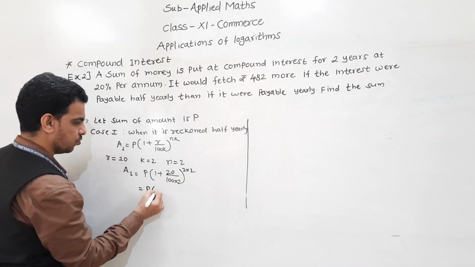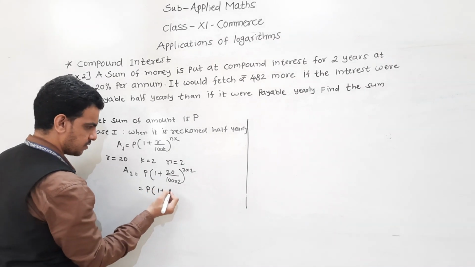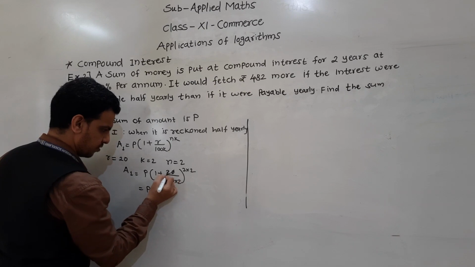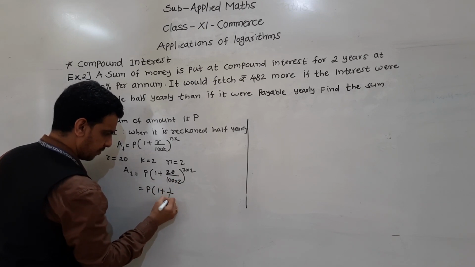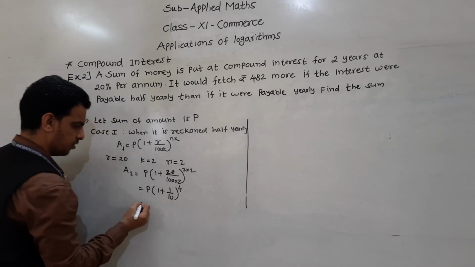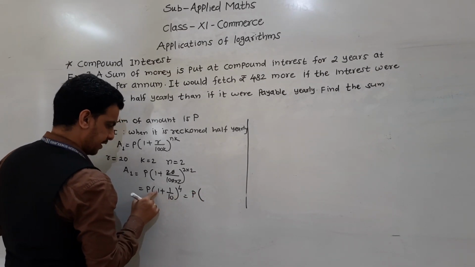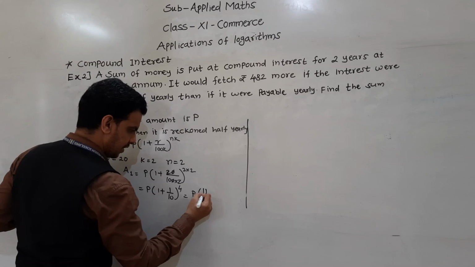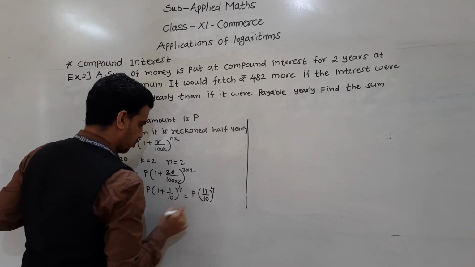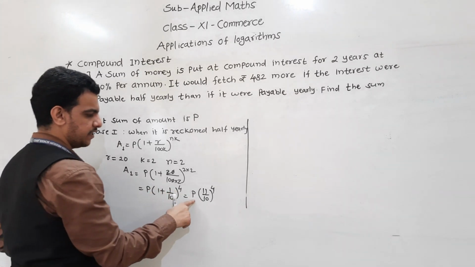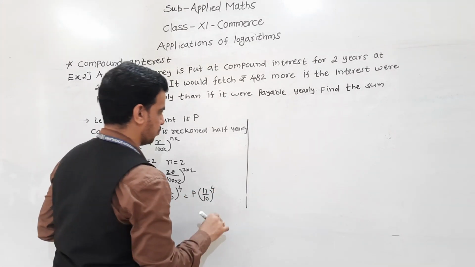So P into 1 plus, it is this. So what does it mean? 1 by 10 raised to 4. So we can write P into 10 plus 1, 11 by 10 raised to 4. So in first case, amount is P into 11 by 10 raised to 4.